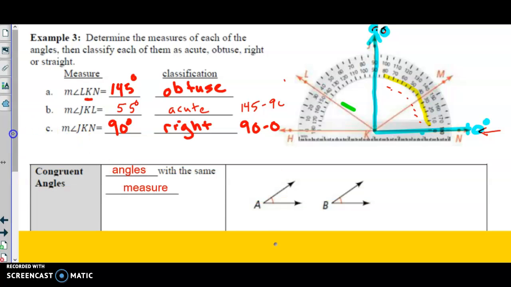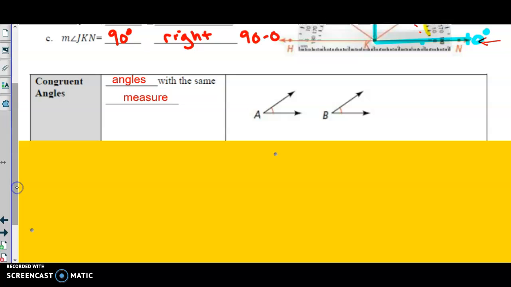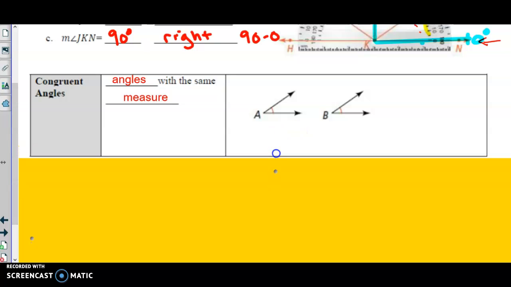All right, congruent angles, we've heard the word congruent before. It just means they have the same measure. And so a way we could write this is we could say that angle A is congruent to angle B. And when we did segments, remember we put little tick marks on segments if they were equal? Well, here, for angles, we use an arc.